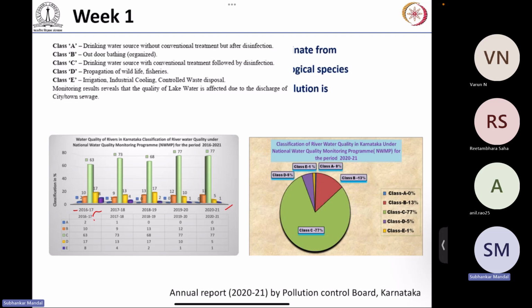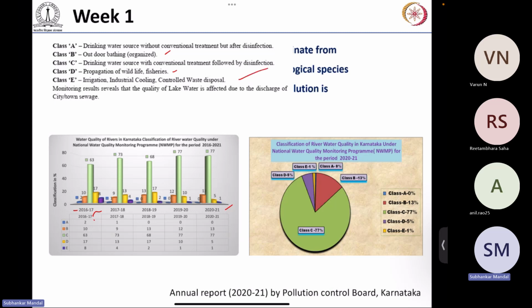B is outdoor bathing or organized water, C is drinking water source with conventional treatment followed by disinfection, D is propagation of wildlife or fishery, and E is irrigation, industrial cooling and controlled waste disposal.